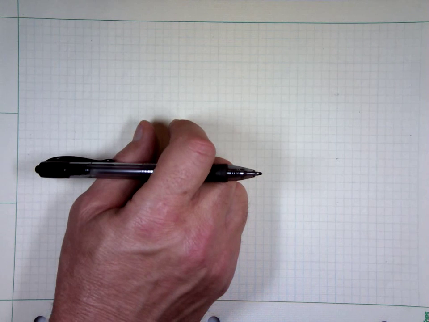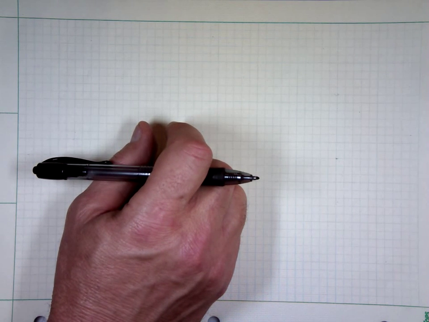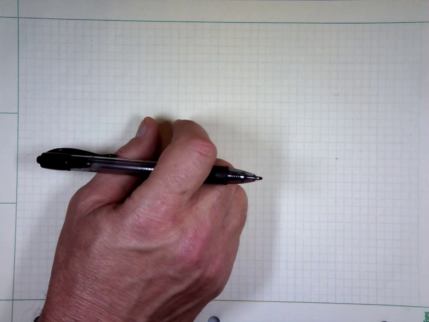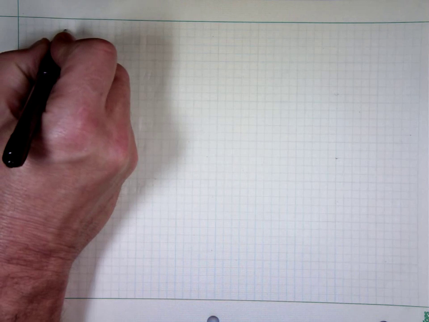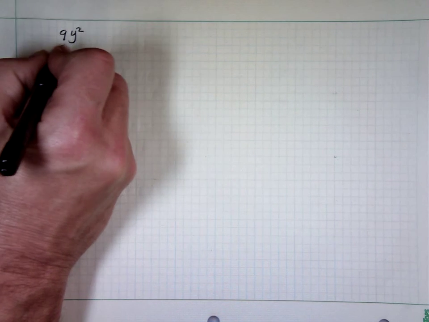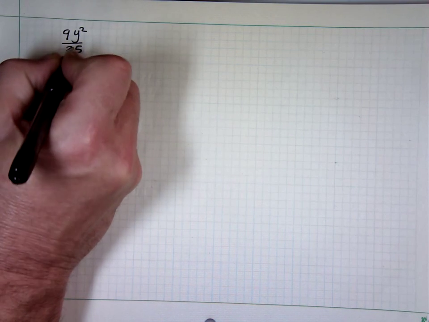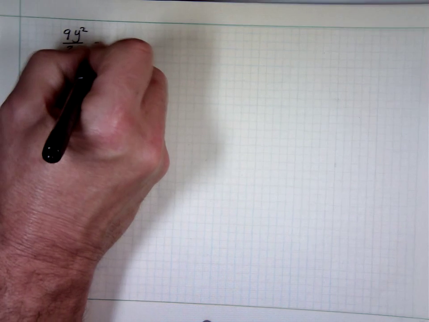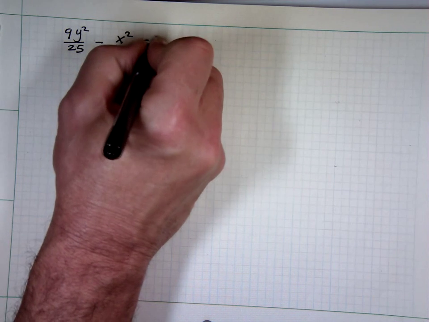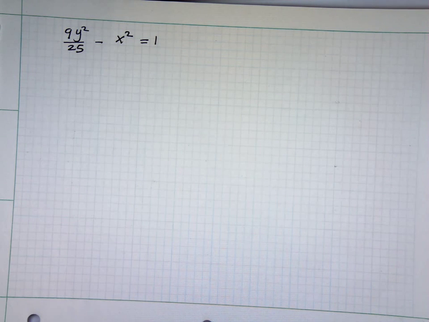So here's one. I'll make it fun here: 9y squared over 25 minus x squared equals 1. That doesn't look like anything we did.